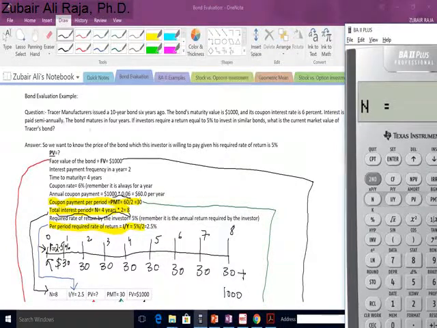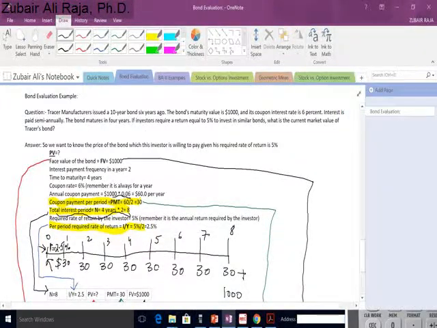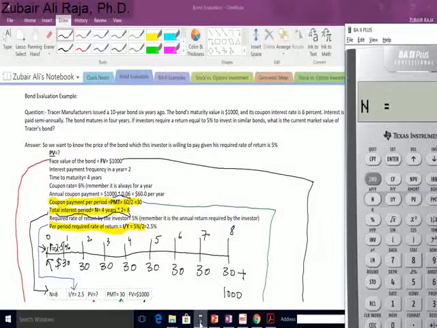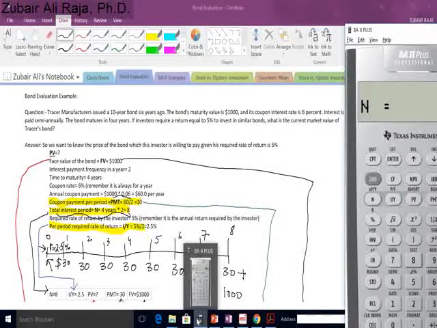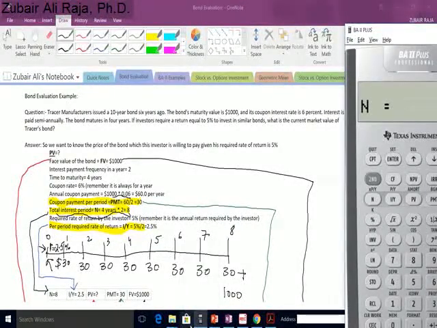If the investor requires a return equal to 5% to invest in a similar bond, in other words his required rate of return is 5%, and this 5% is for the whole year. For the purpose of our calculation, we need to convert this annual 5% required rate of return into a per period required rate of return.